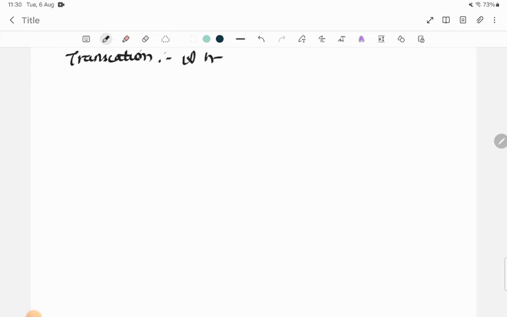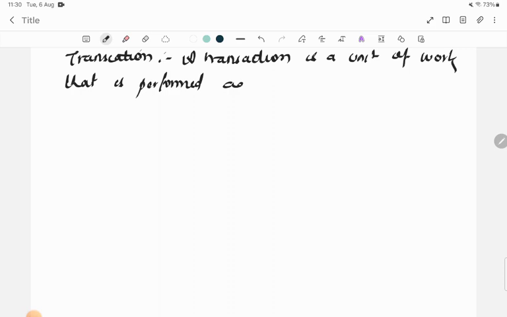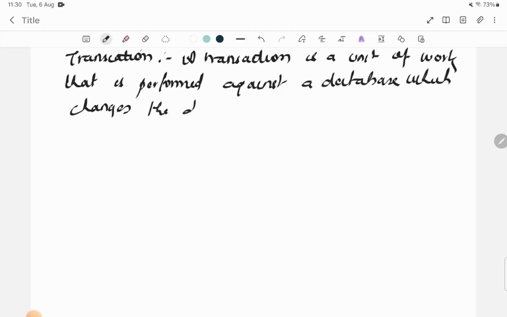We can say that a transaction is a unit of work that is performed against a database which changes the database. Okay, or in simple terms you can say that a transaction is a unit of work that changes the database.